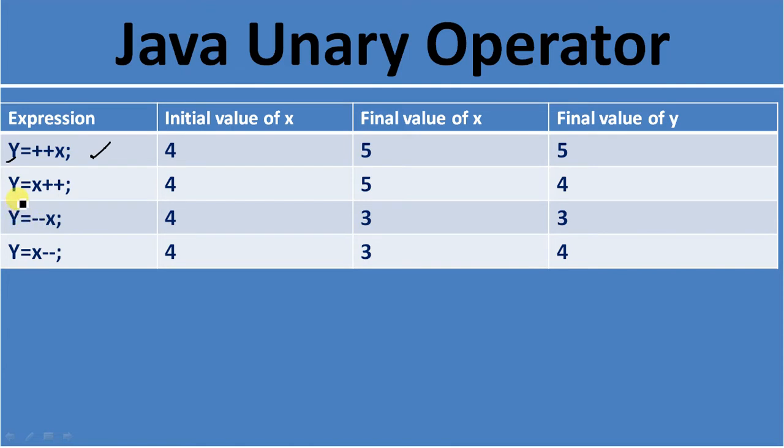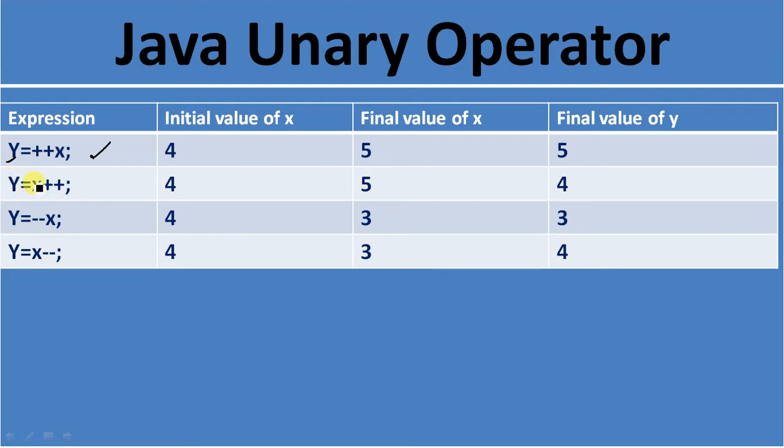Now the expression y equal to x plus plus. The previous one was pre-increment, and this is called post-increment. In post-increment, first the value is assigned to the variable and then the value is incremented.